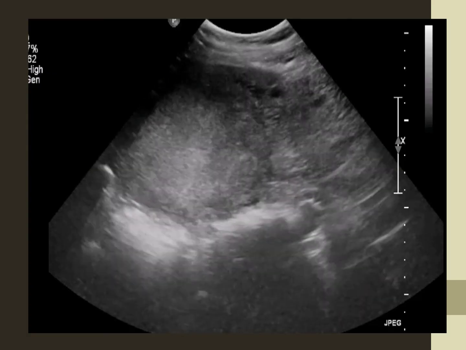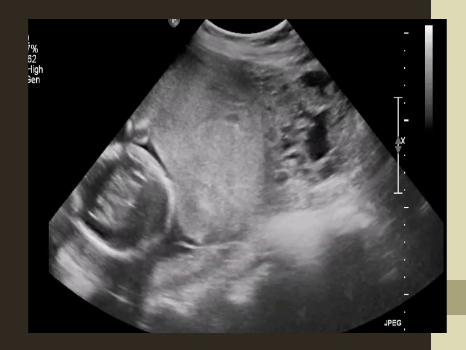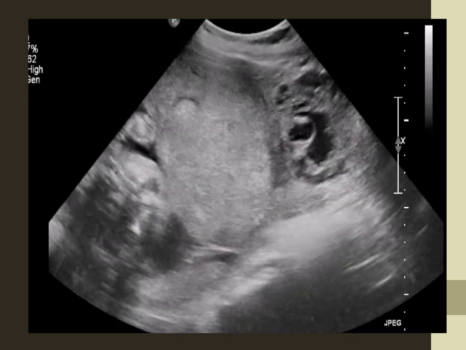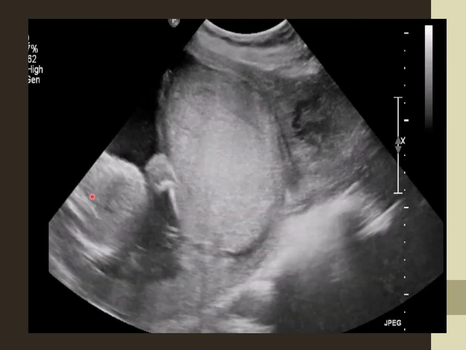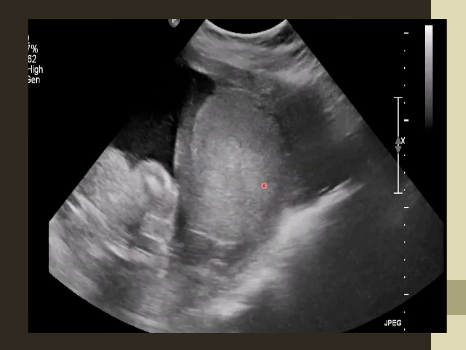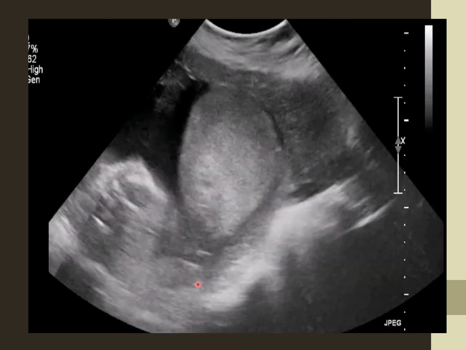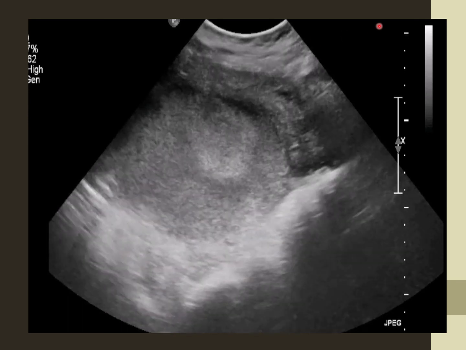The next patient presented in mid-trimester with acute abdominal pain. Shown here on ultrasound is an echogenic mass. This is the fetal head, which lies within the uterus above the cervix. This is the placenta, and the mass is actually outside of the amniotic sac.